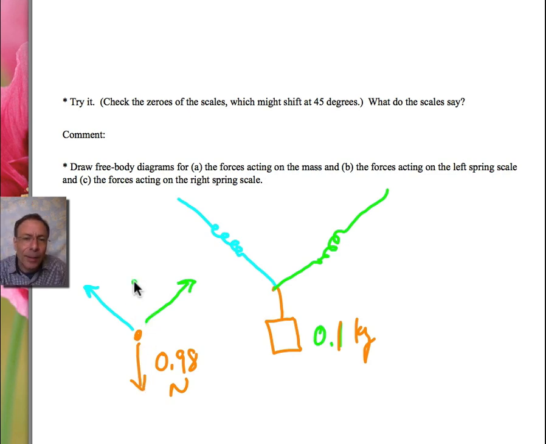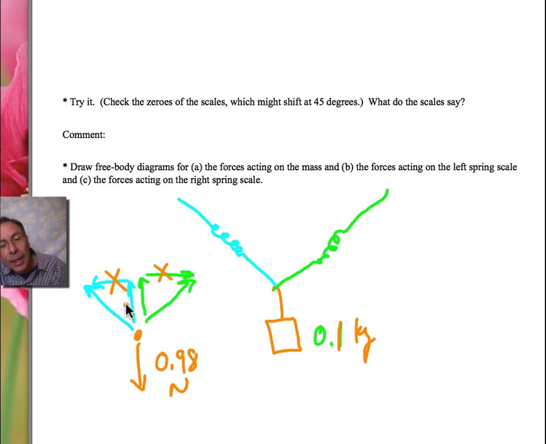So first of all, you have to break this into horizontal and vertical components. Here's a vertical component and a horizontal component, and over here a vertical component and a horizontal component. Then you have to realize that this one and this one cancel. So all you're left with is this one here.